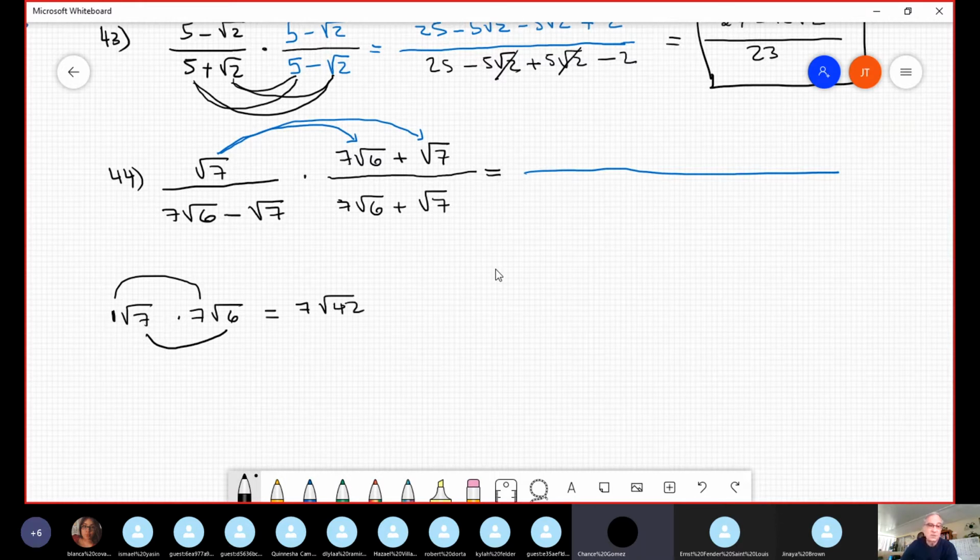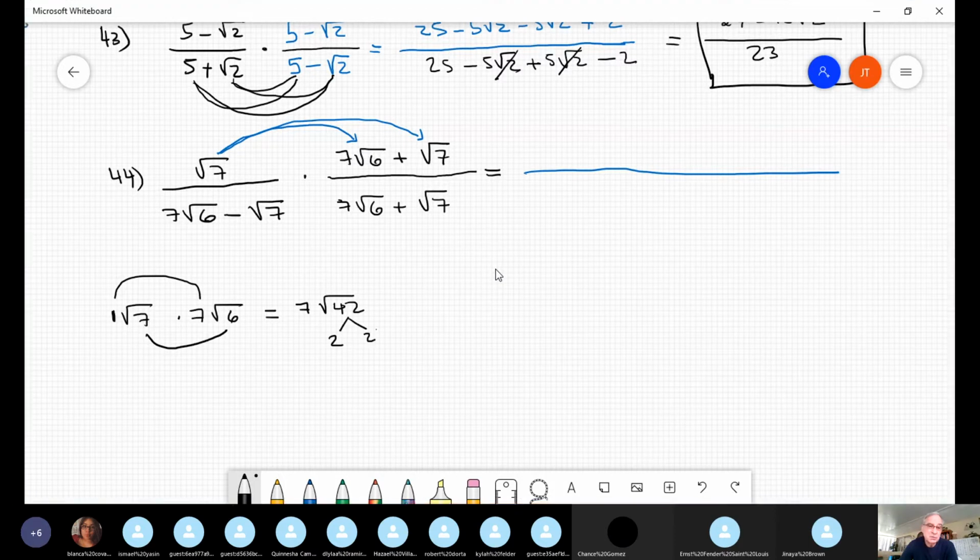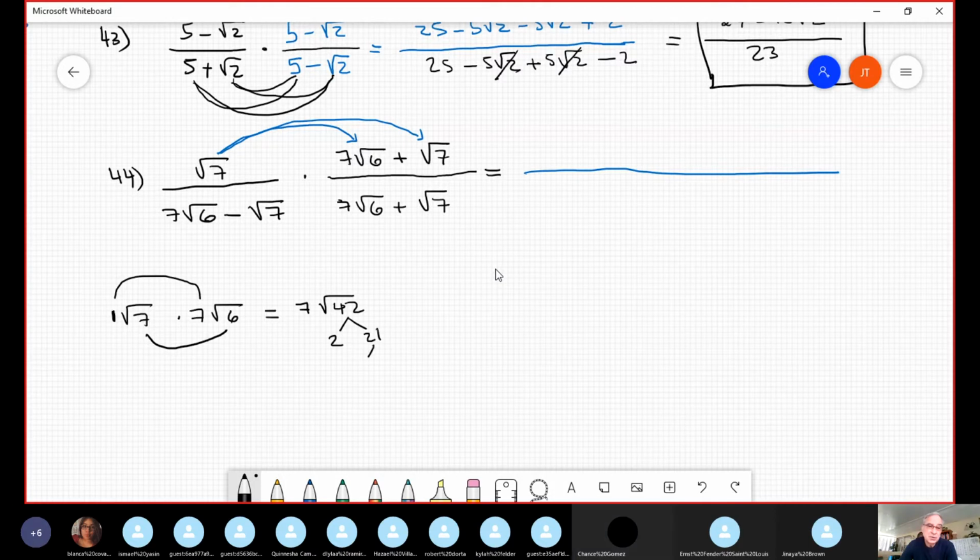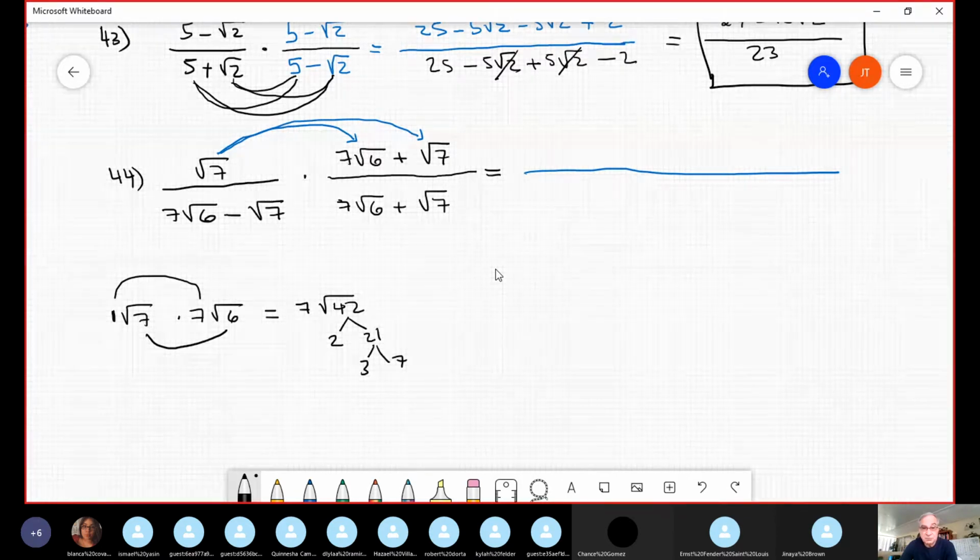And 42, maybe we have possibility of simplification. Divided by 2 is 21. Yes, 21 is 3 and 7. No, there is no possibility of simplification, because we have no repetition of factors.